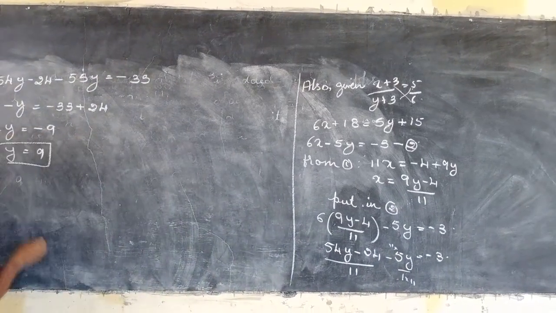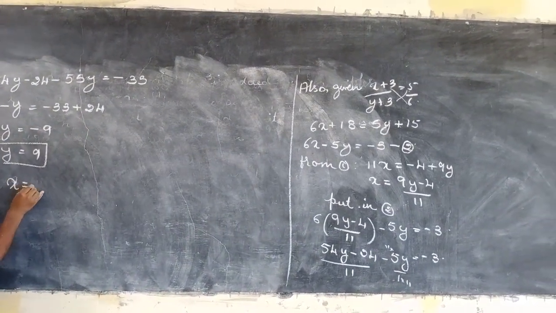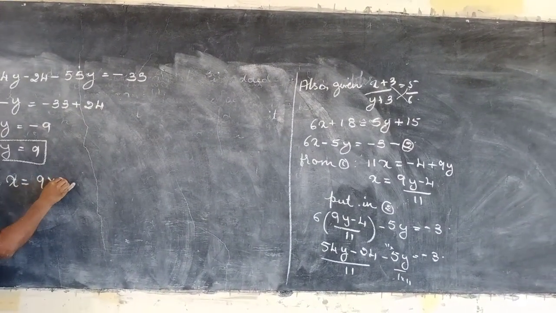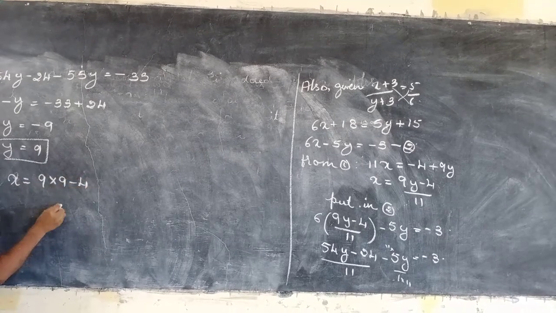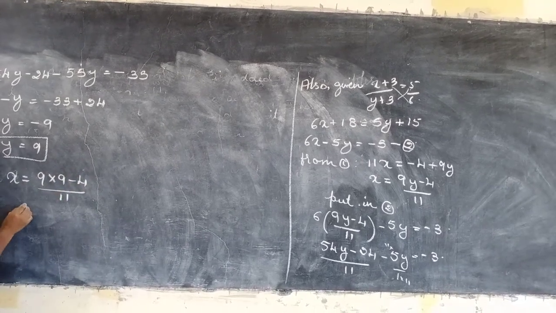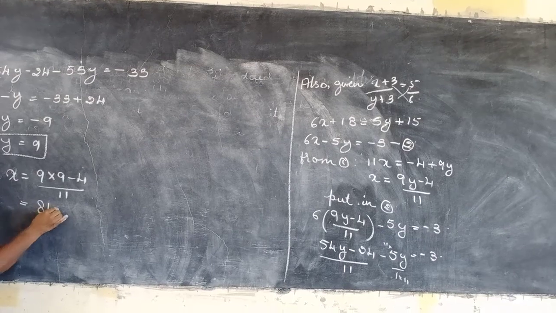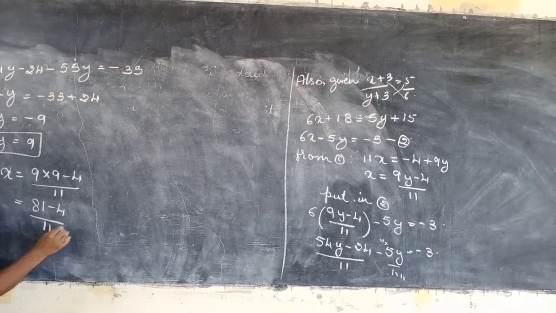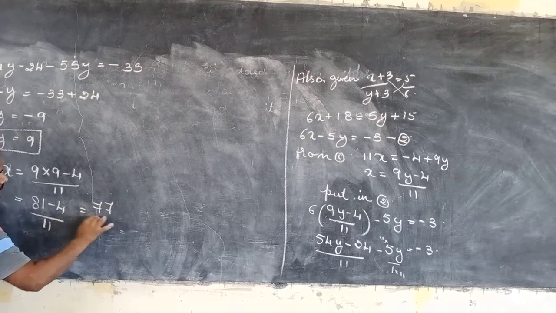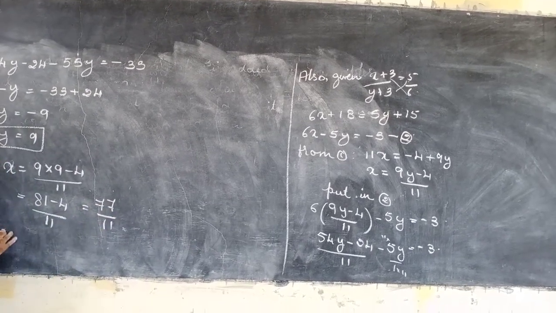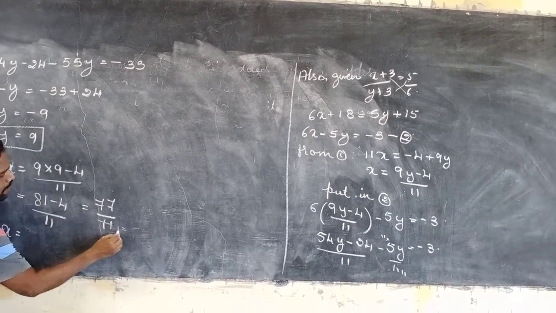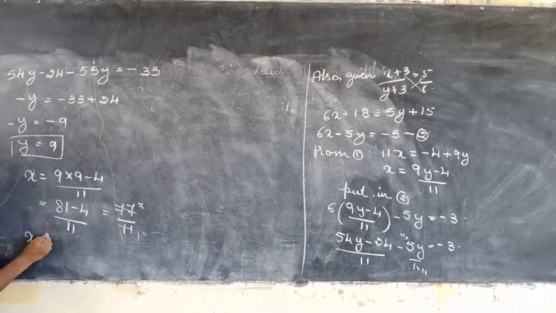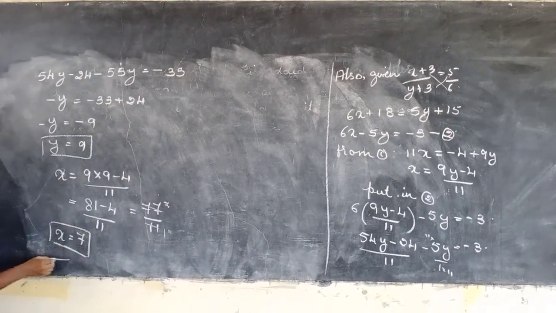So the value of x is equal to 9 into 9 minus 4 divided by 11, that is equal to 81 minus 4 divided by 11, that is equal to 77 by 11. Therefore the value of x is equal to 7, since 11 7s are 77. That is the solution.